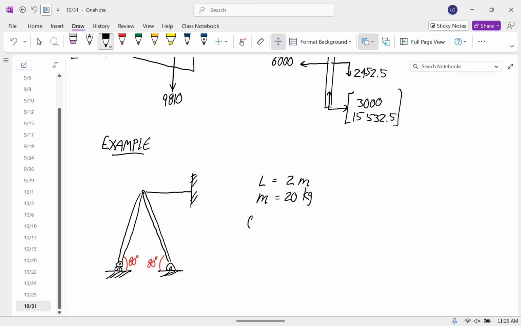And we want to calculate the external loads on each body.